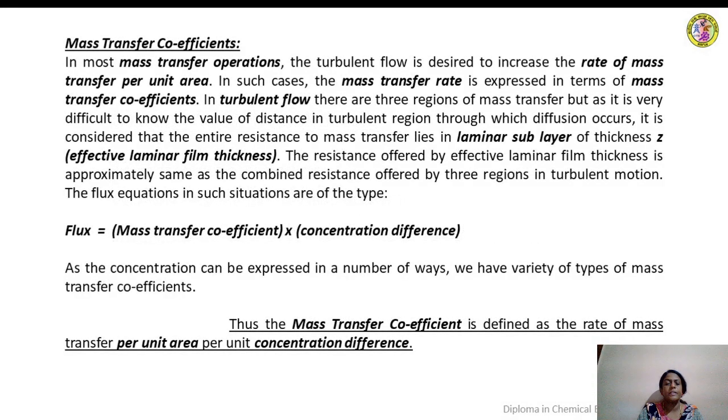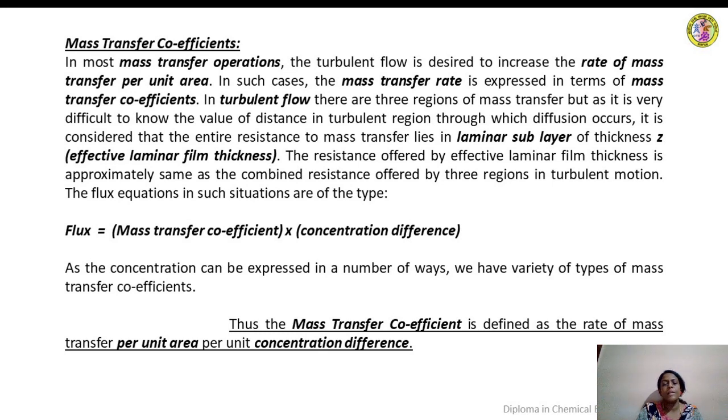See, so far we've been deriving the rate equations for the diffusion that takes place in the individual phases, that is for molecular diffusion. So if we consider turbulent diffusion, which is usually the case in the various mass transfer operations, then the flux equations are usually written in terms of mass transfer coefficients.